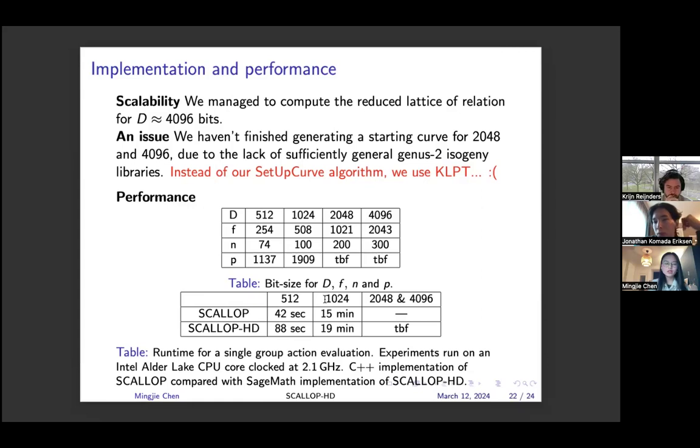And for the bigger security level 1024, the group action in SCALLOP takes 15 minutes, and for us, it takes 19 minutes. And we are expecting to have more numbers to be filled in here once we are done with the setup curve algorithm for bigger parameters.